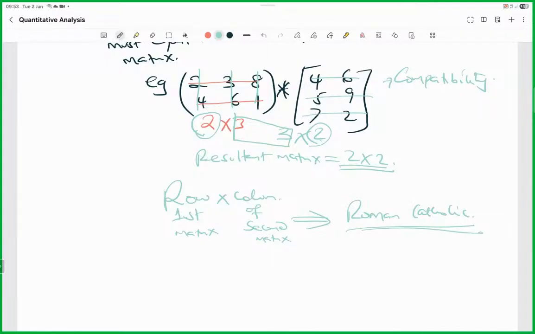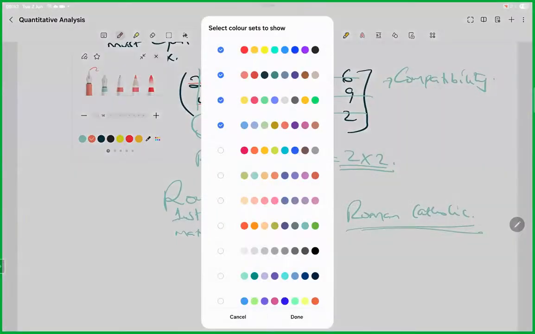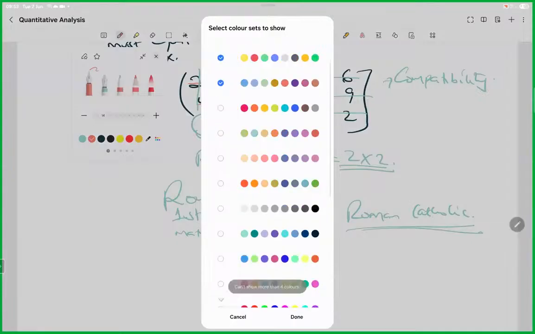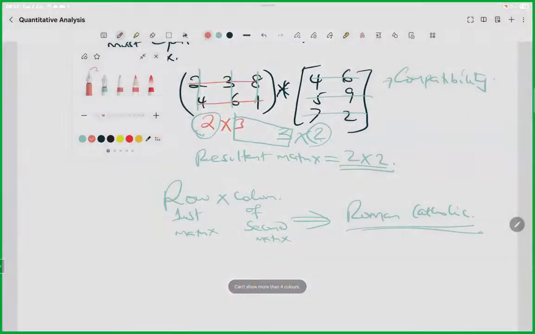Now, ladies and gentlemen, we have this 2, 3, 8. This is row 1. A very good student.